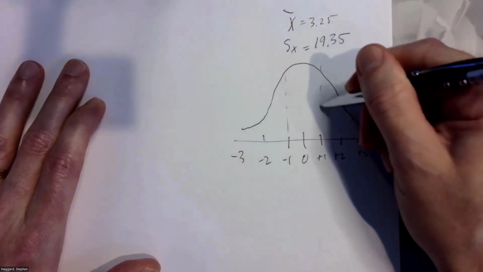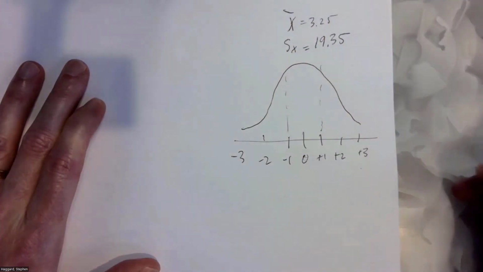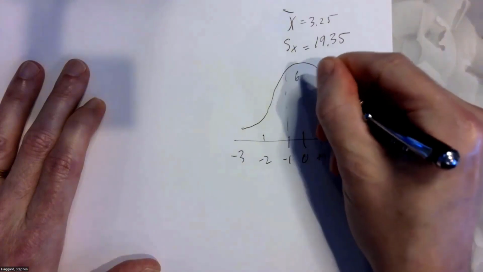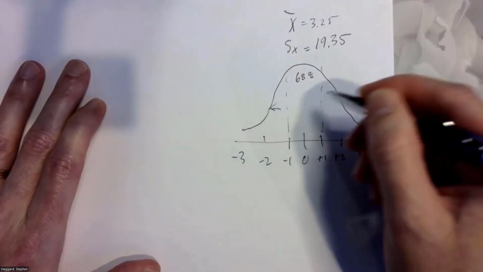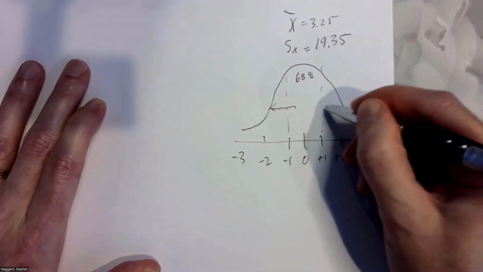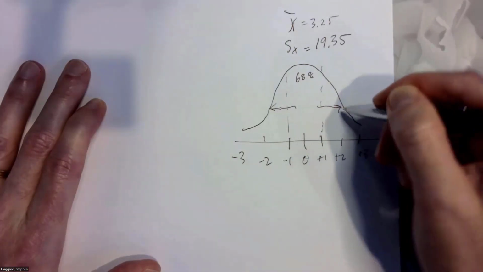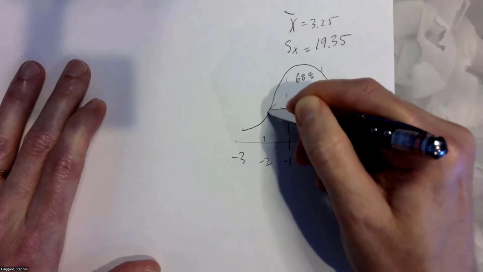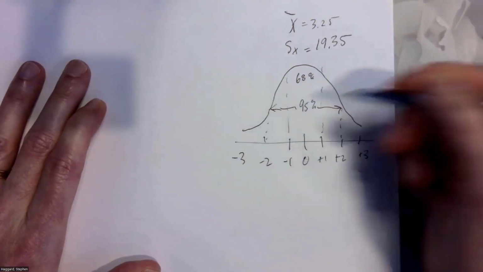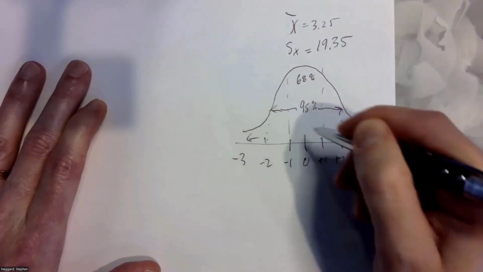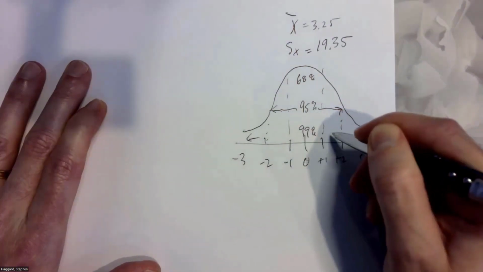Between plus and minus 1, what percentage of observations do we have? 68. Yeah, 68%. And between plus or minus 2, we have, anybody? 95. Yeah, 95%. And between plus or minus 3, we're going to call it 99%.